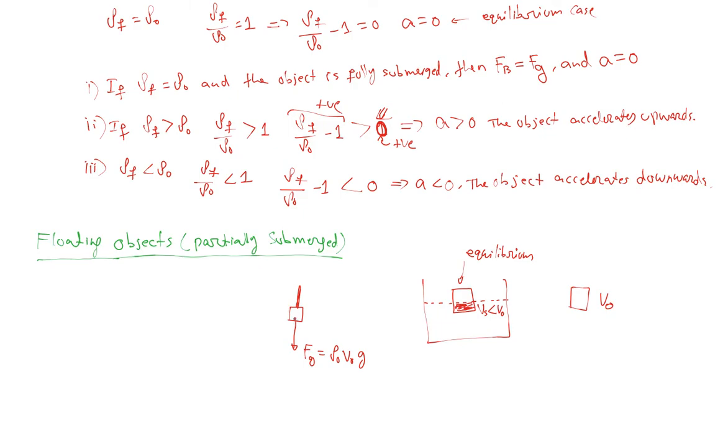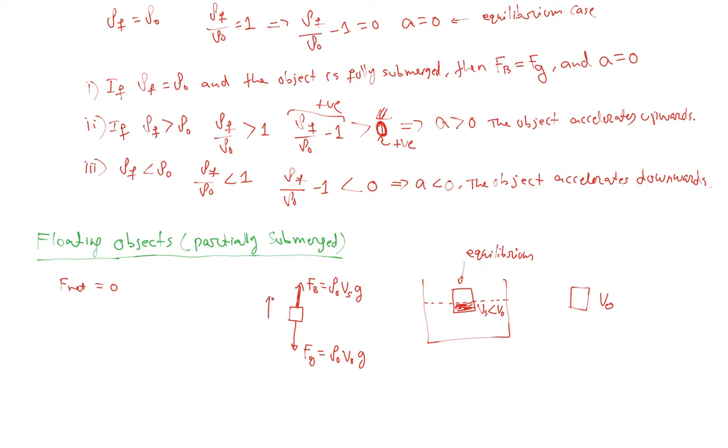Remember here the net force is 0 because it's a static equilibrium, so the total force must add up to 0, which means that the buoyant force must be equal to rho object times the volume submerged times g, that's the buoyant force. In this case, F net must be 0 with static equilibrium.